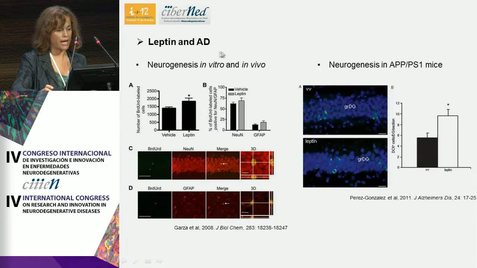Here we can see the effects of leptin in the process of neurogenesis. It was already published in in vitro and in vivo models, and we only confirm this capability in a transgenic mouse model of Alzheimer's disease using a lentiviral vector overexpressing leptin.